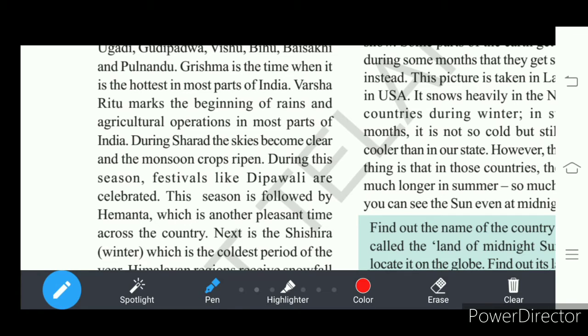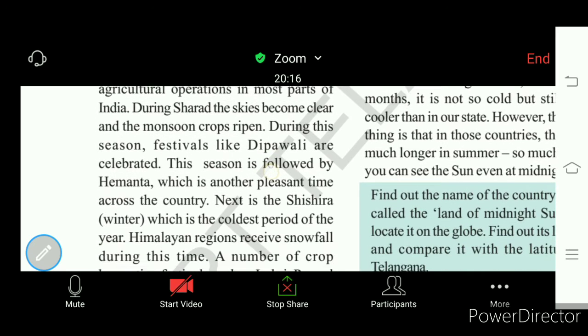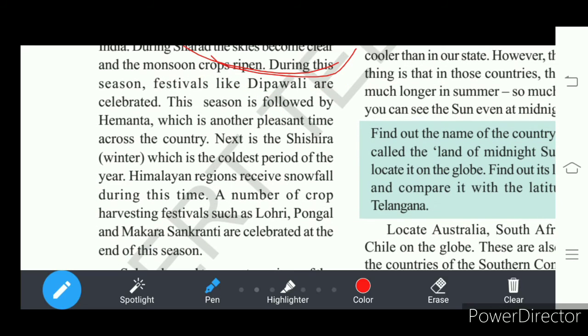So every season is connected with agriculture work. After this Hemanta, we find the sky appears pleasant throughout the country. That is called Shishira. Shishira means winter season.